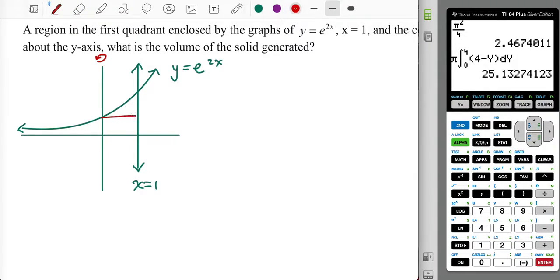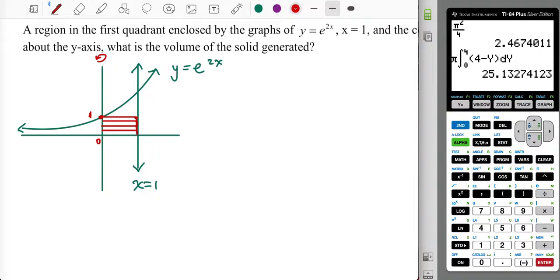One, if I go from 0 to 1, that's more of a disk method type situation because we're taking rectangles that have constant length, and they're uninterrupted between the axis of revolution and the outer extreme of the bounded area.